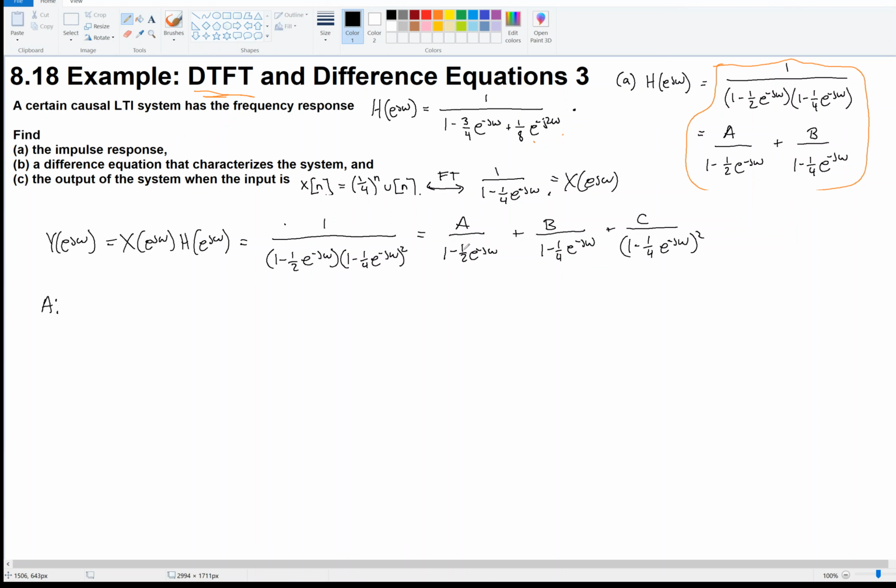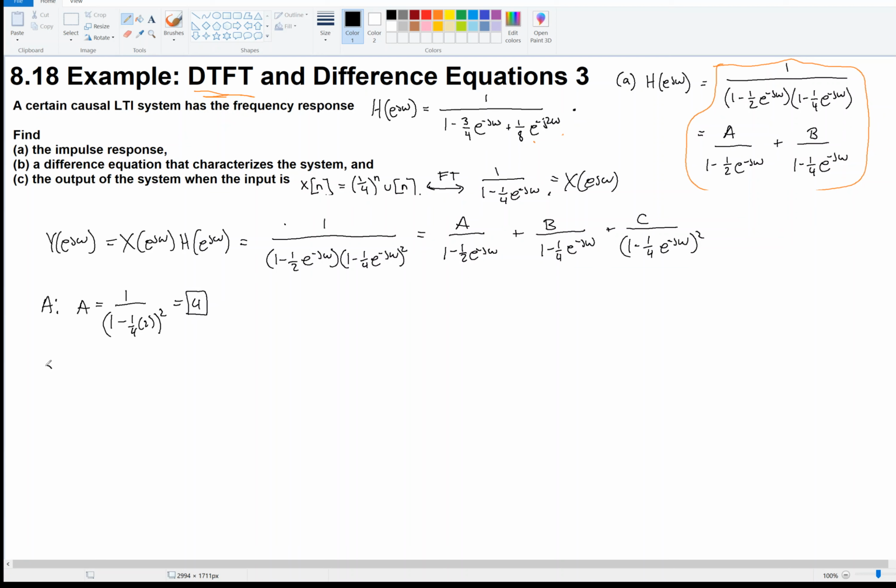So I take A and I multiply everything by A's denominator, and then I let e to the minus j omega be equal to 2 in this case. And so I get A is equal to 1 over 1 minus 1/4 times 2, all of that squared. So 1/4 times 2 is 1/2. 1 minus 1/2 is 1/2. So this is 4. A is 4.